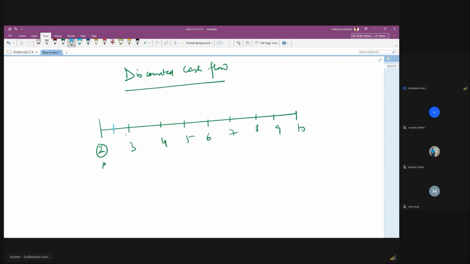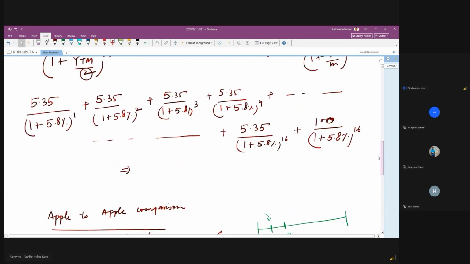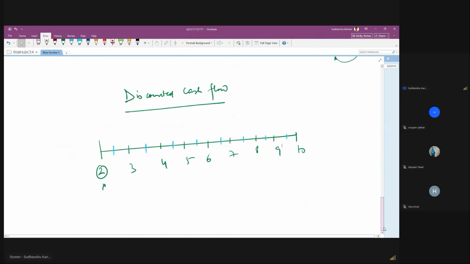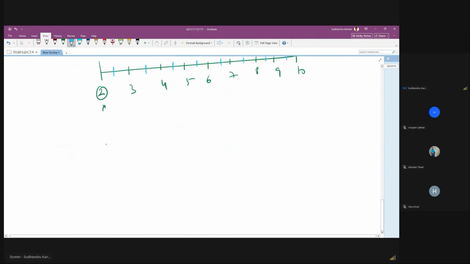So we said cash flow came here, here, here, here, here, here, here, here. Now what are we trying to achieve here? What is the question asking us? Question is asking me that I need to find the current price of Grupo Ignatius bonds, right? Current price.